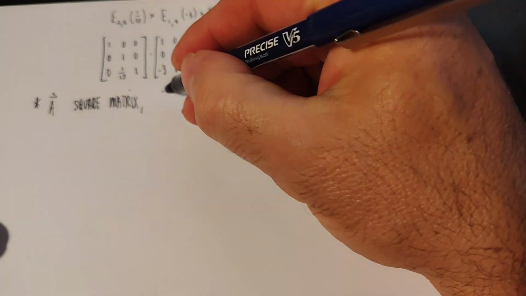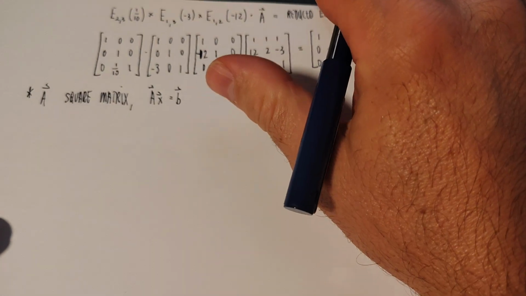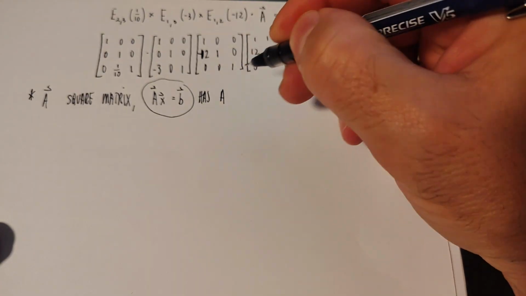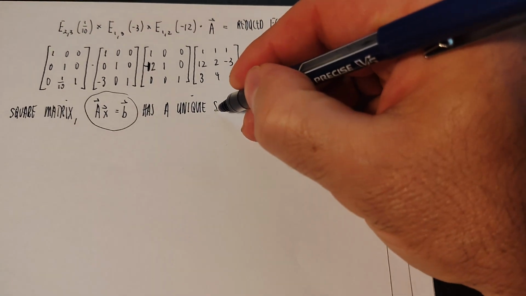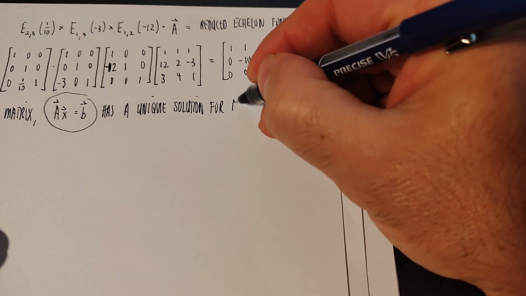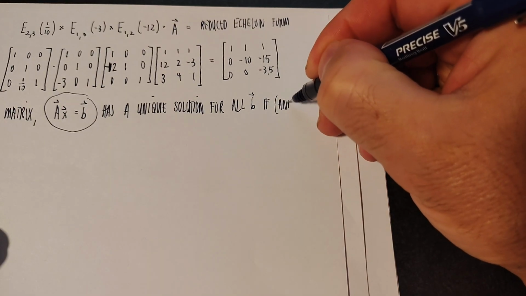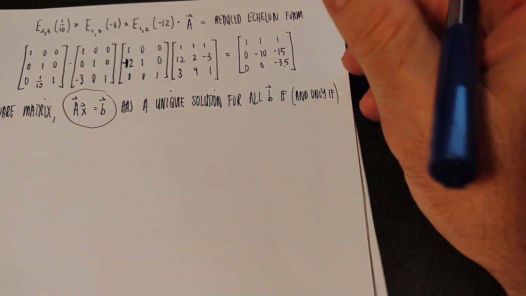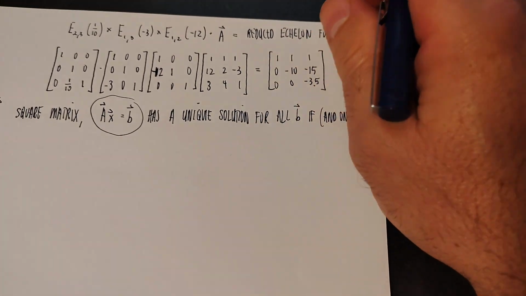And if we have the system AX equals B, then this will have a unique solution for all B vectors if and only if, when we get it into reduced echelon form, A has all non-zero rows.